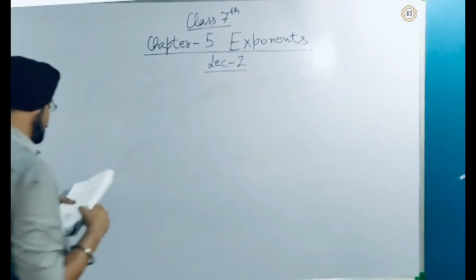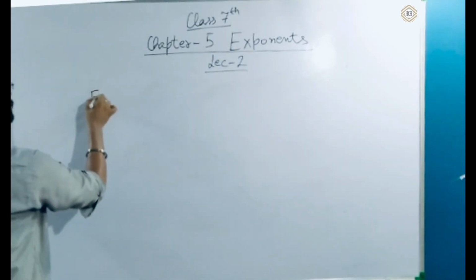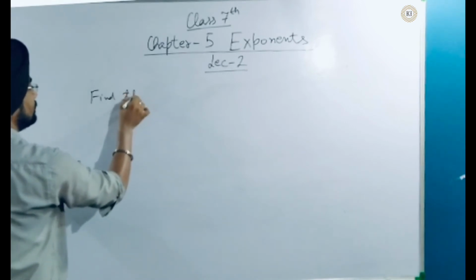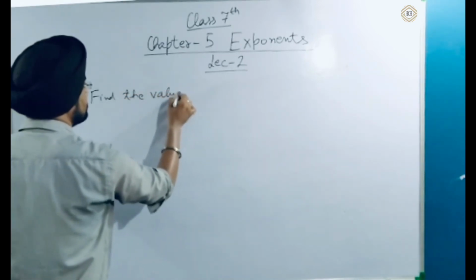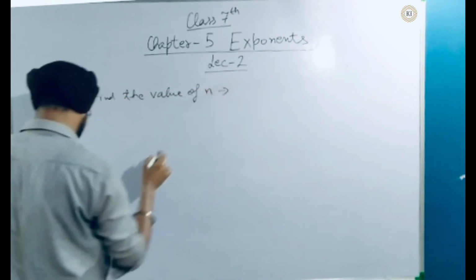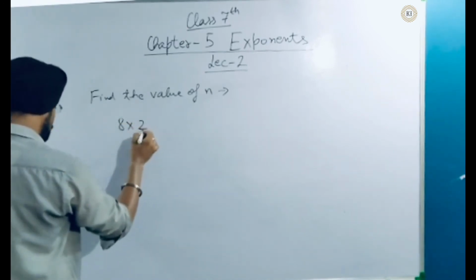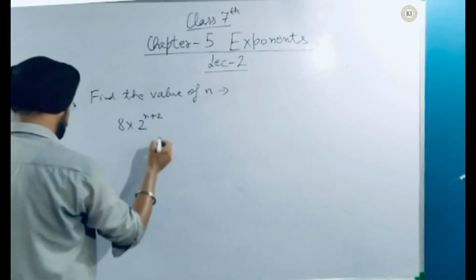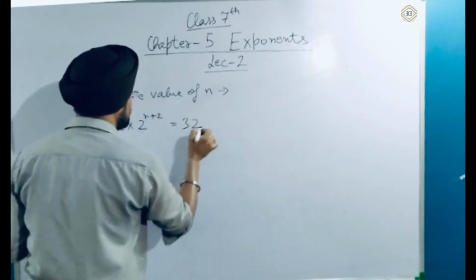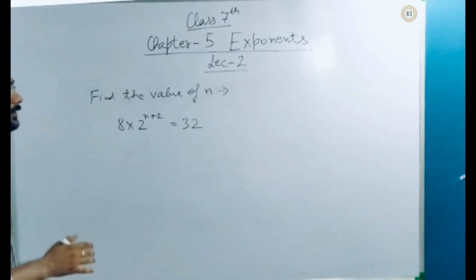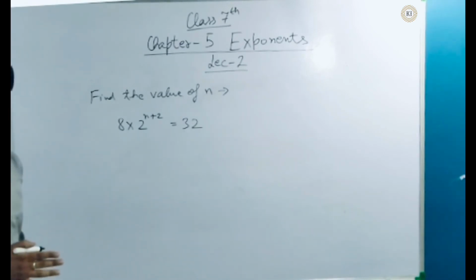Next question is given as: find the value of n. The question is 8 × 2^(n+2) = 32. I have told that on both the sides we have to make the bases same.